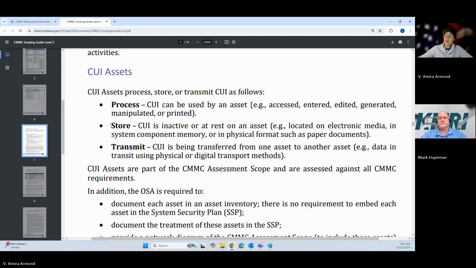So with store, common examples are facilities that can store CUI in paper form or in digital form. You can have servers and computers that have hard drives. The IT people always like to bring up that scanners, those multifunction devices, normally have some sort of hard drive or memory inside of them that saves images of the scan jobs.